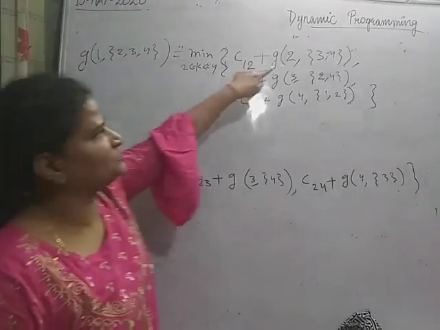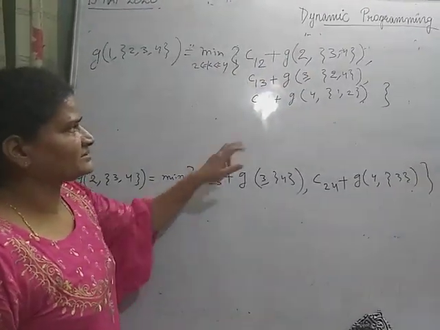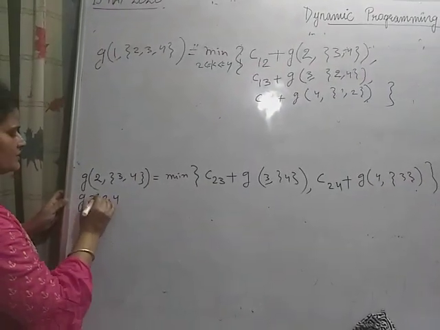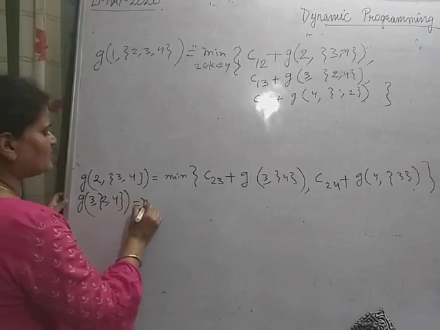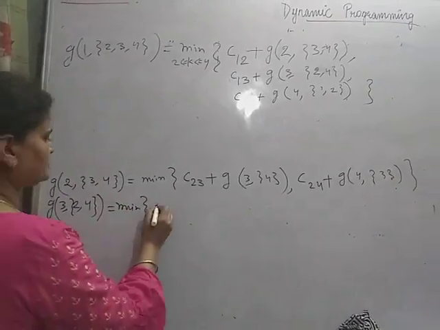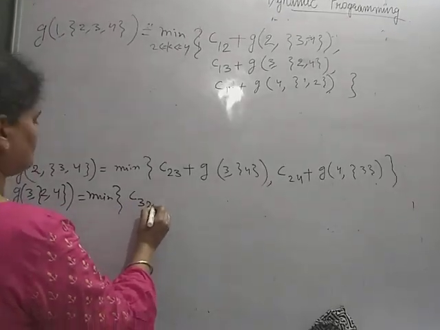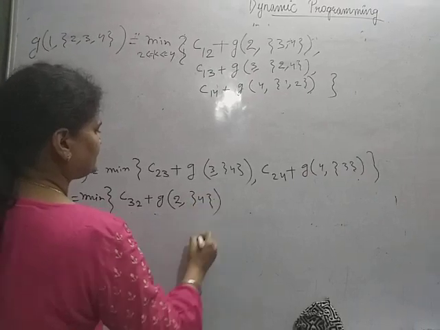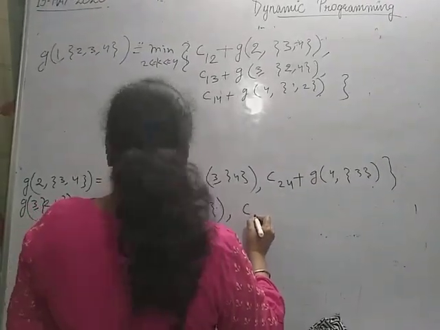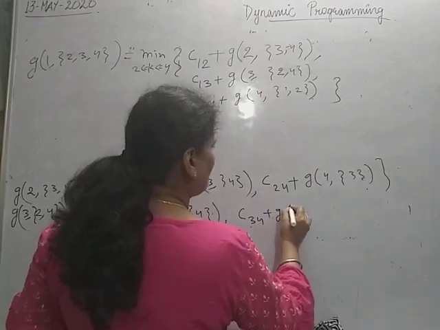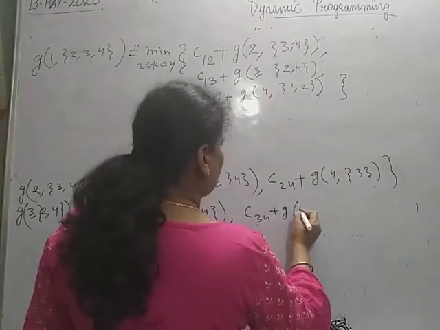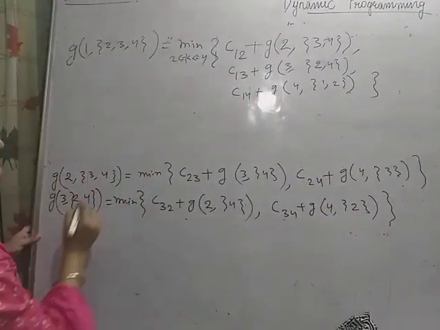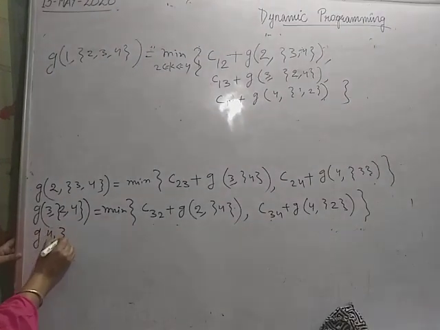So this is G(2, {3,4}). Again, G(3, {2,4}): open it too. It is the minimum of C(3,2) plus G(2, {4}), and then C(3,4) plus G(4, {2}).